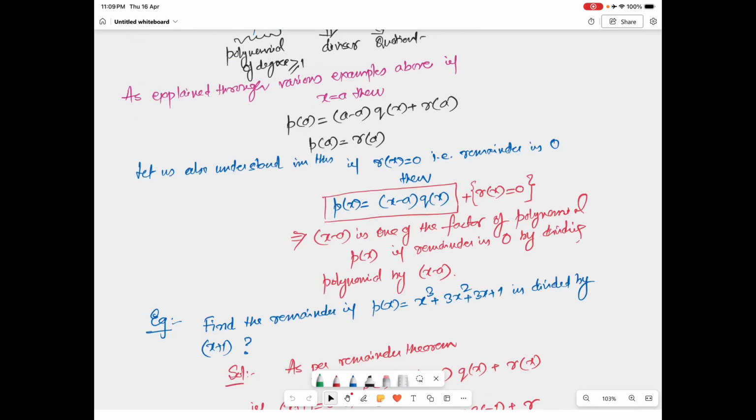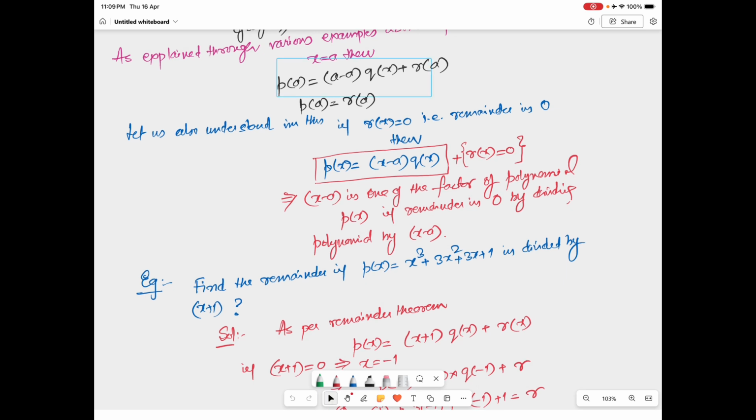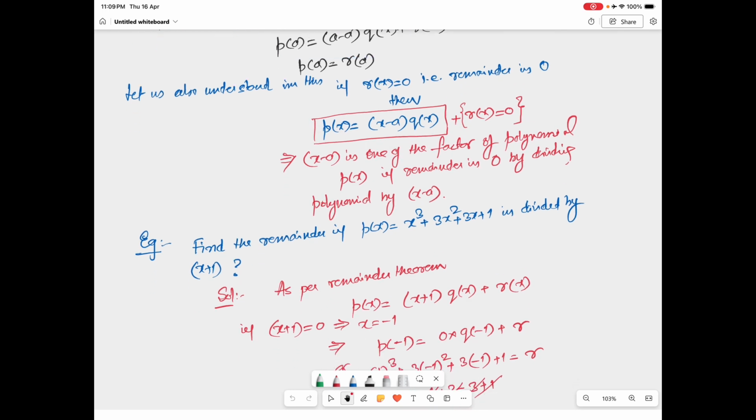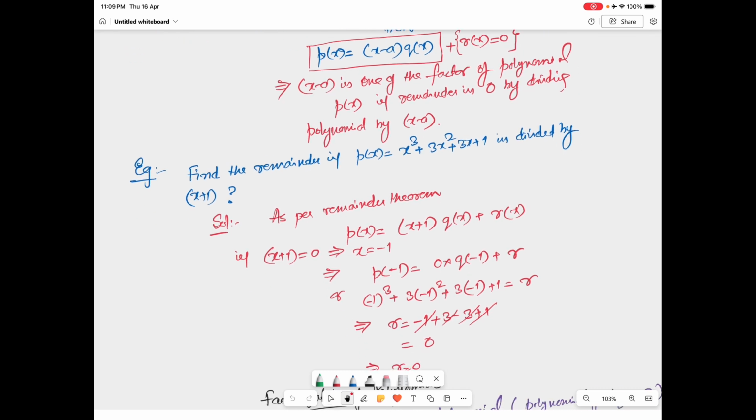So you can say that x minus a will be one of the factors of the polynomial if we get the remainder as 0. This you should remember, because we will make use of it to do the factorization of cubic polynomials, or polynomials with degree 3.